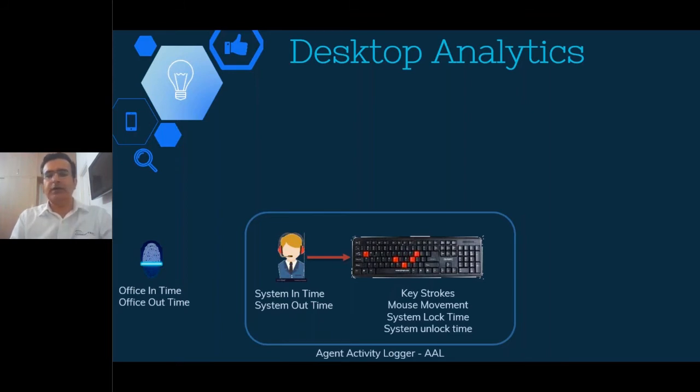So we will get to know how much time the person is spending on each of the applications. It will also log your time as unproductive if there is no mouse movement or keystroke for, let's say, 5 minutes or 2 minutes. We can customize that part also. That way, for a back office agent, we are able to give him the same kind of experience that a voice agent would have.